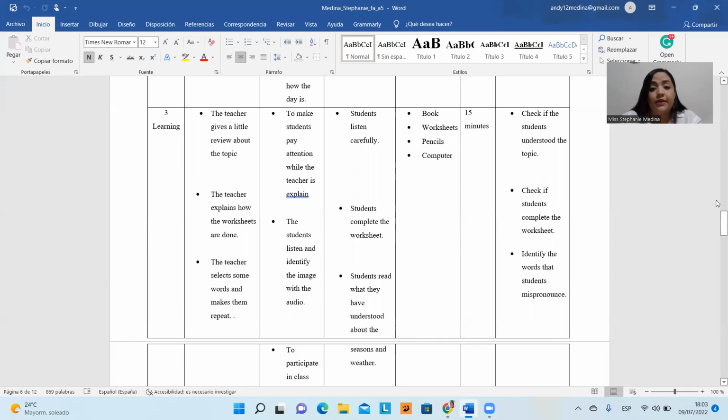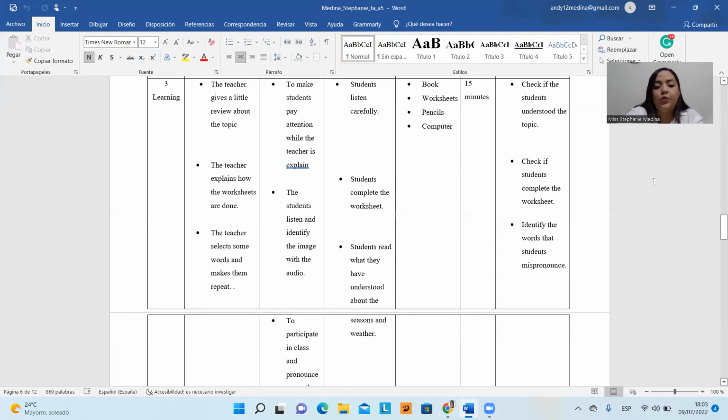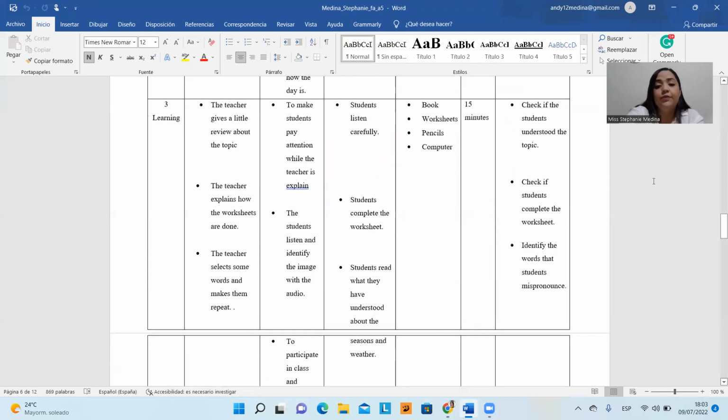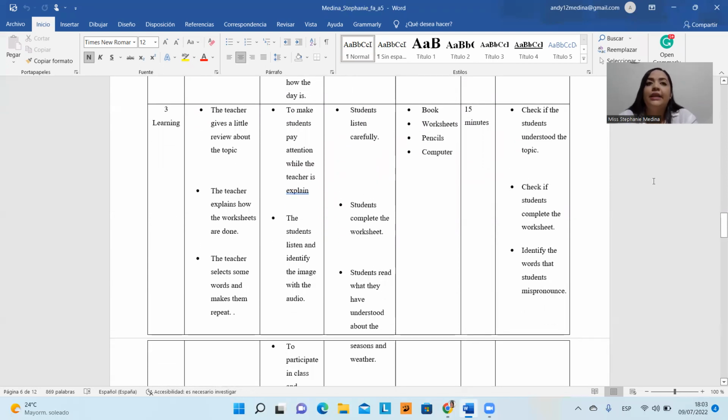And the students listen carefully, complete the worksheet, and read what they have written about the seasons and weather, to participate in the class and pronounce correctly. The materials for the learning are book, worksheet, pencil, and computer. And this is for 60 minutes, and the evaluation is to check if the students understood the topic, check if they completed the worksheet, and identify the words the students mispronounced.